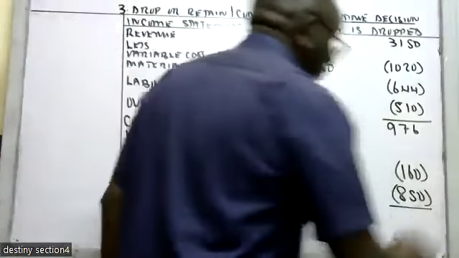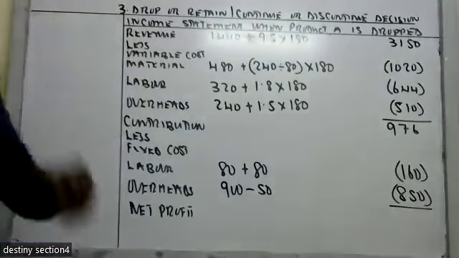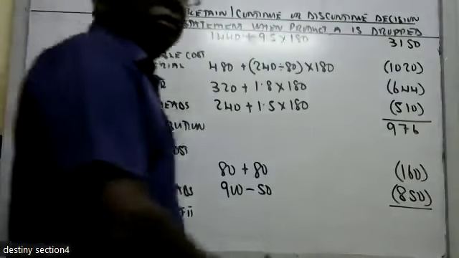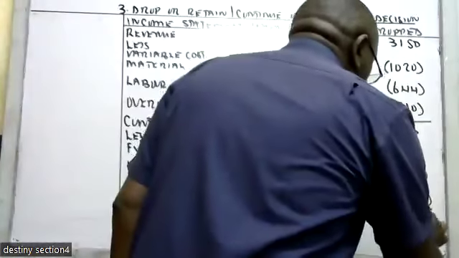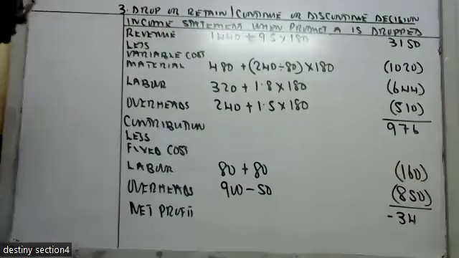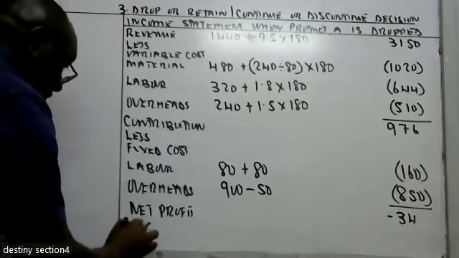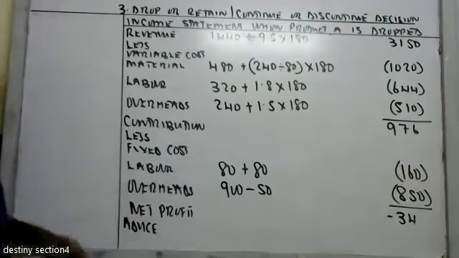Get net profit. Loss of 34. Loss of 34. Now, compare those two net profits. Then your advice, should they drop or should they retain?